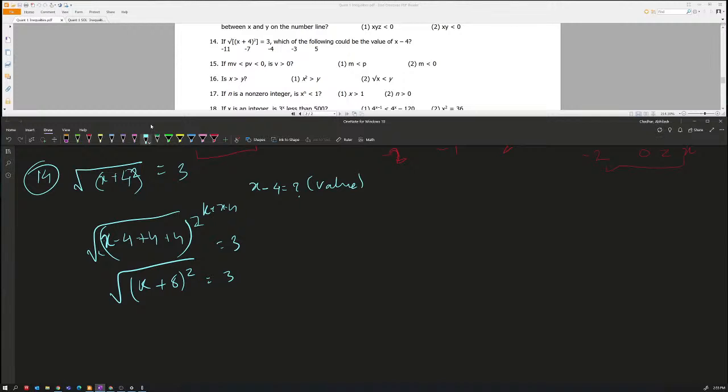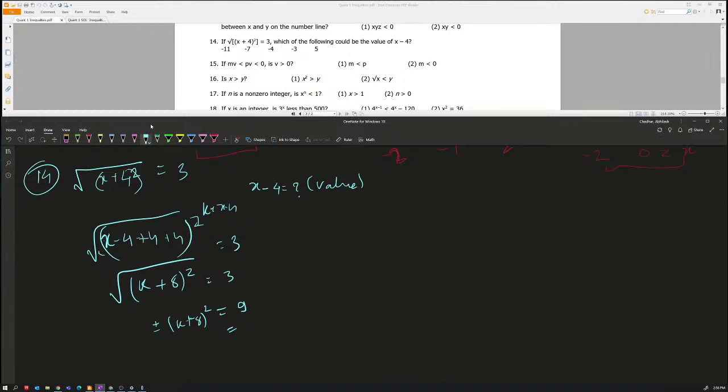If we square both sides, it will become plus minus k plus 8 whole square, and this becomes 3, 3s are 9.